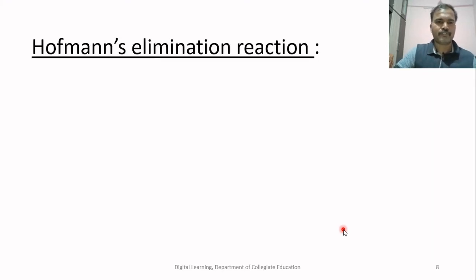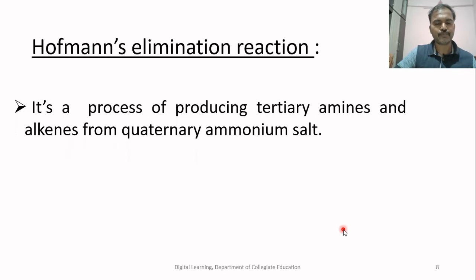Now let me consider Hofmann's elimination reaction. It is one more important reaction. It is a process of producing tertiary amines and alkenes from a quaternary ammonium salt. The reaction proceeds through a concerted E2 mechanism, in contrast to the conventional elimination reaction that occurs via an E2 mechanism following Saytzeff's rule.